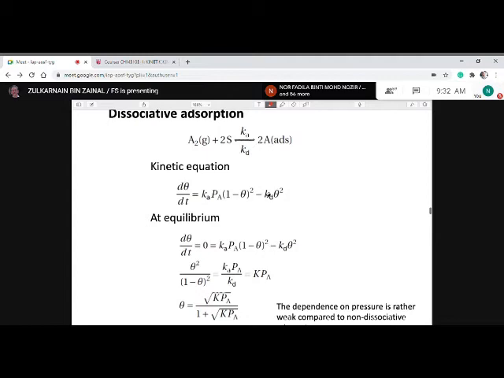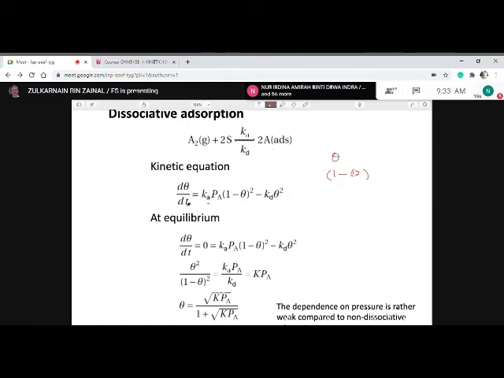One is the adsorption process, which depends on the amount of empty surface, and the desorption process, which depends on the amount of adsorbed surface. So the amount of adsorbed surface is theta, and the amount of empty surface is 1 minus theta.